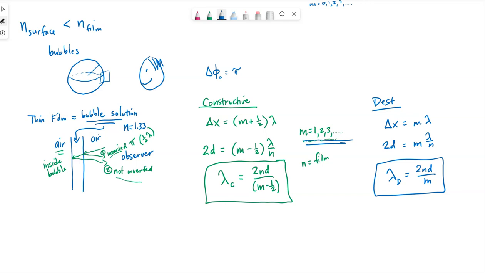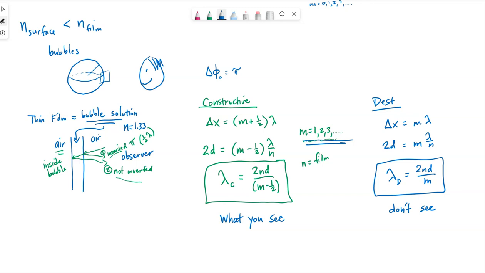Again, constructive means what you see, and destructive we would not see. So if we wanted to minimize reflection, we would want a destructive situation. If we wanted to maximize reflection, we would want constructive interference.